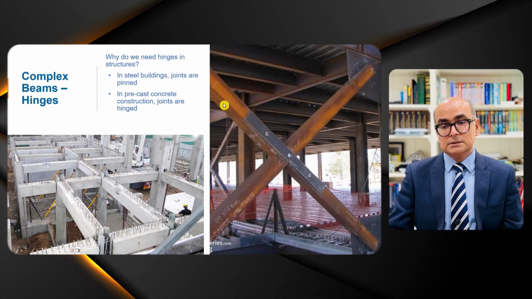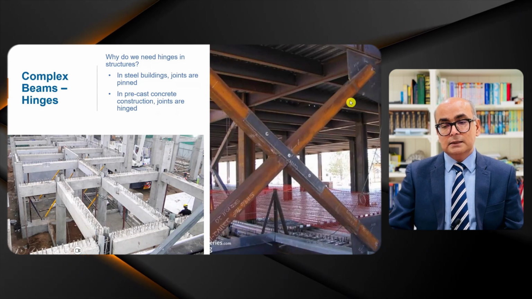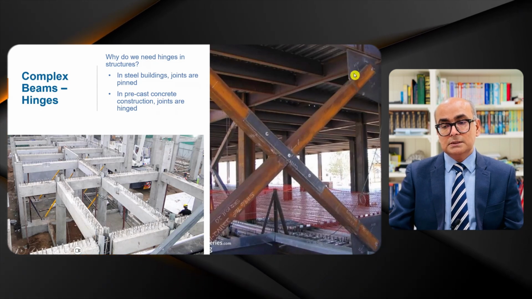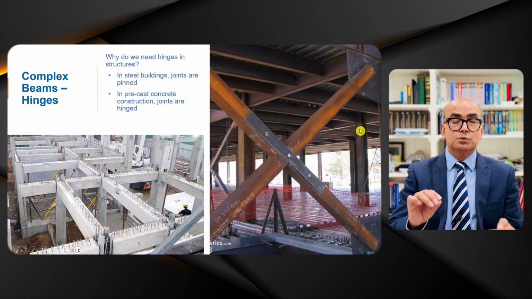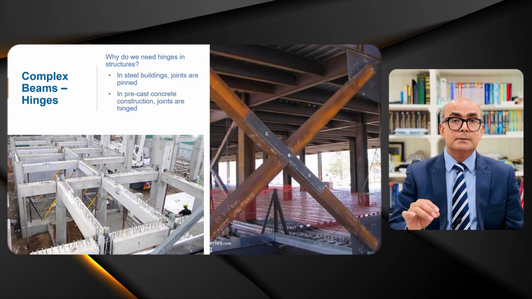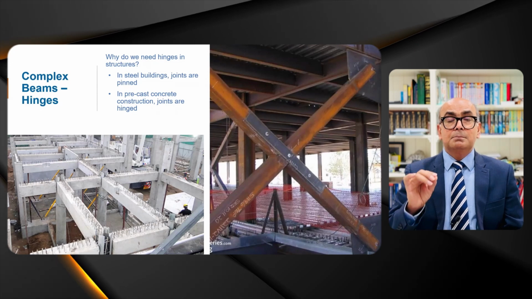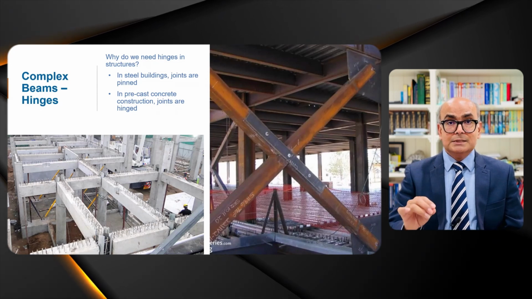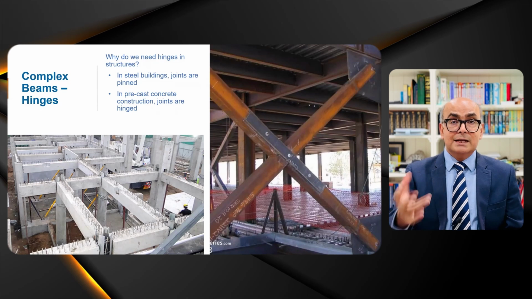Here, this is the example of bracing. This is connected with pins over here, and all joints are pinned. In most steel structures, 99% of the time, we have pinned joints or hinges, and to resist lateral loading, we need bracing.